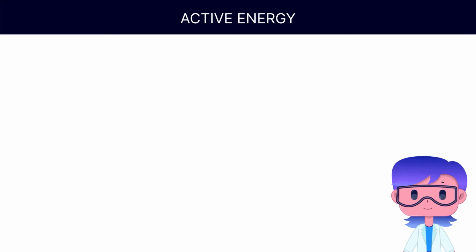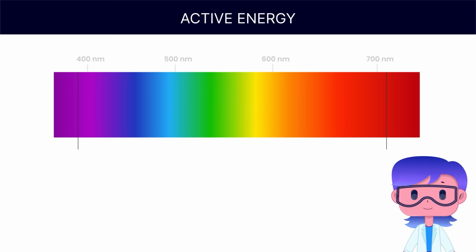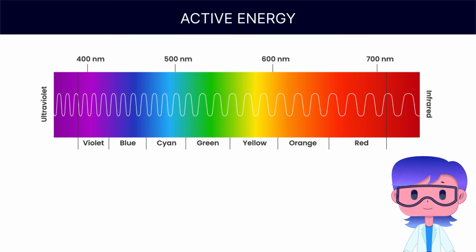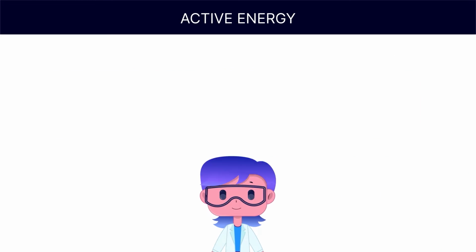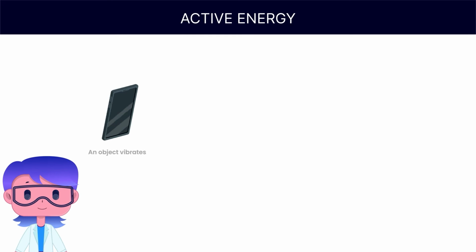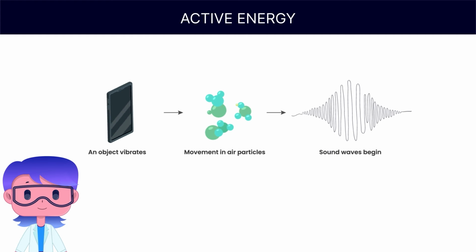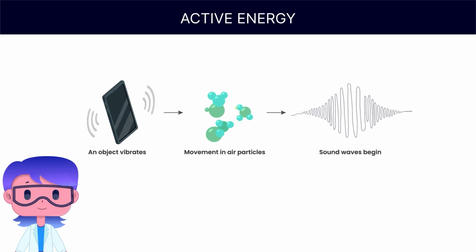Light is a type of radiant energy which travels in transverse waves. Other types of radiant energy include visible light, X-rays, gamma rays, and radio waves. Sound is a type of energy that is transferred through an object or substance in waves, and it is produced when force causes that object or substance to vibrate.